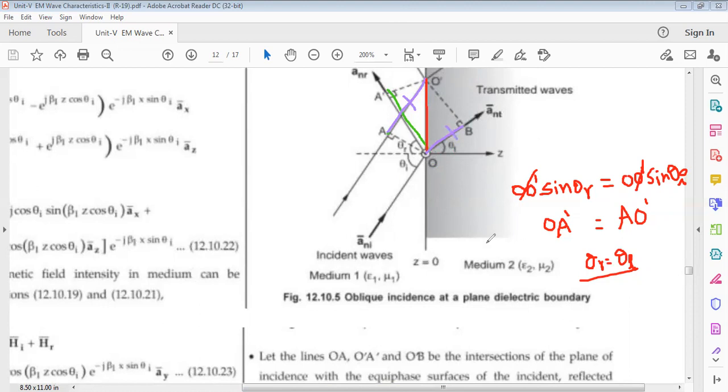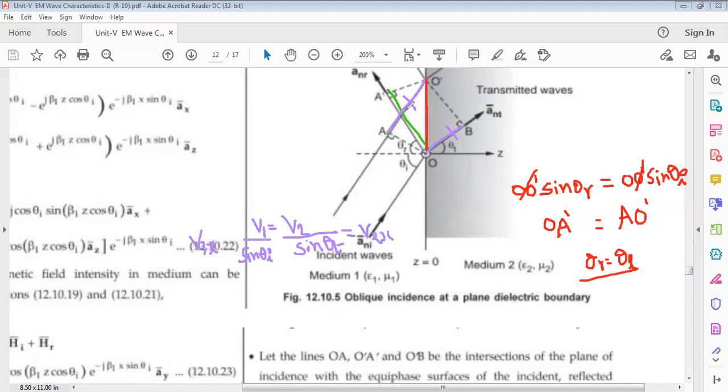Okay. Then the velocity, V1 is equal to V2. What are V1 and V2? As I already said, V1 by sine theta I and V2 by sine theta T. Okay. V1 by sine theta I is nothing but V1x, and V2 by sine theta T is V2x. So both are equal.